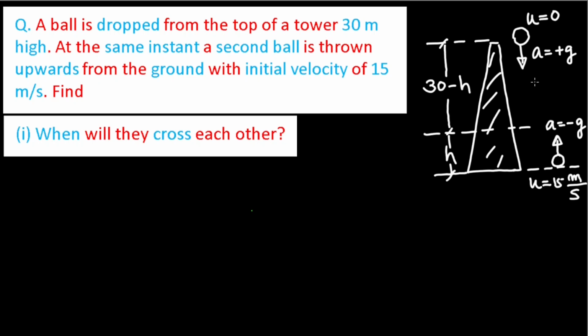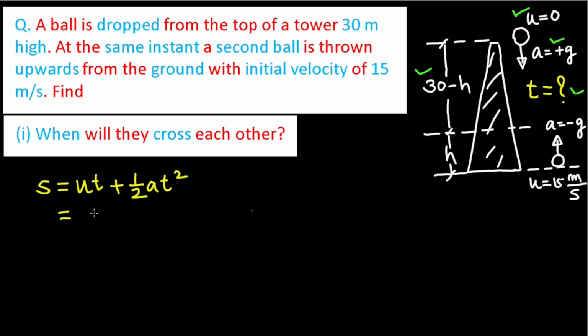We have to find the time t after which the two balls will cross each other. Now since we have, for the first ball, its initial velocity, its acceleration, the height through which it falls down, we can find the time with the help of the second kinematic equation, which is displacement s equals ut plus half at square.